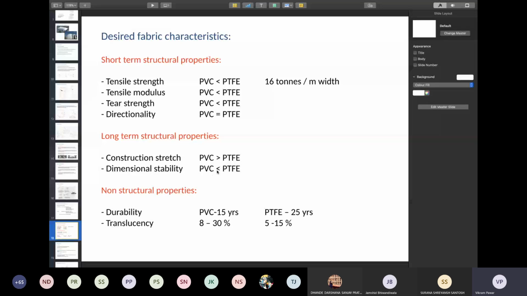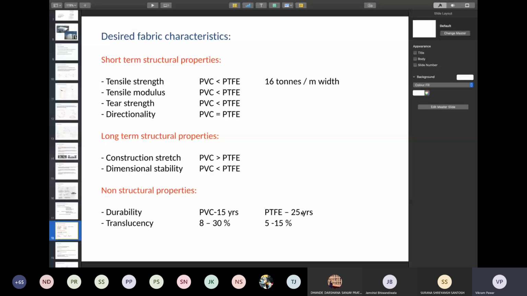In non-structural properties, you have durability and you have translucency. Now, for durability, PVC has a life expectancy of 15 years and PTFE has a life expectancy of 25 years. Of course, this is a very old slide. Now with the industry, there are products which give a better life also.